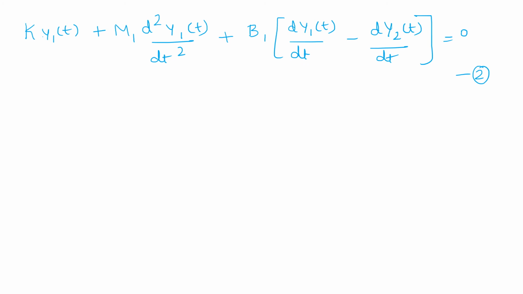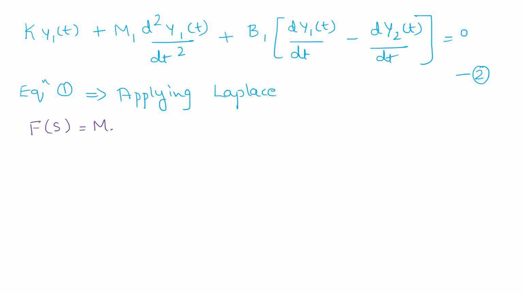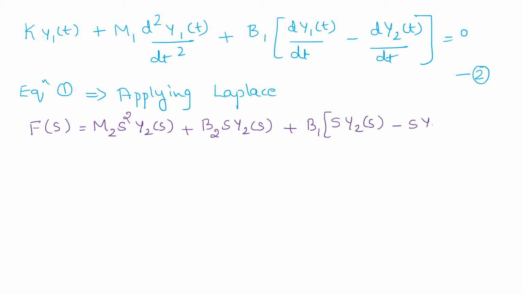So, if we consider equation 1, from equation 1 on applying Laplace, what we get is F(s) is equal to m2 s square Y2(s) plus b2 into s into Y2(s) plus b1 into s into Y2(s) minus s into Y1(s).